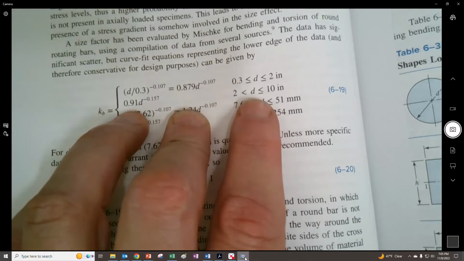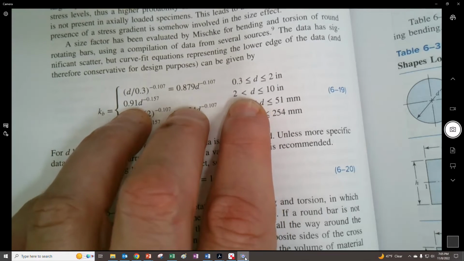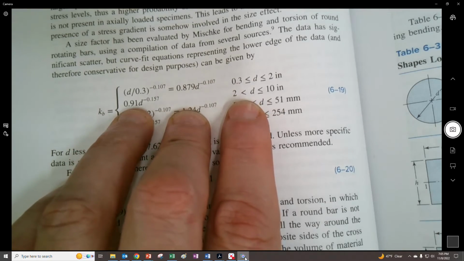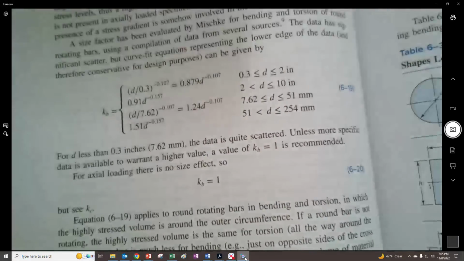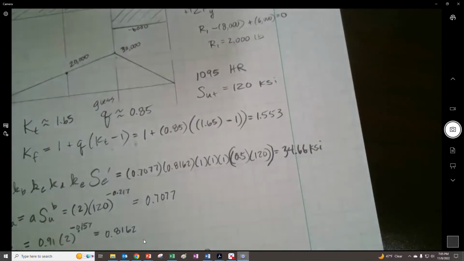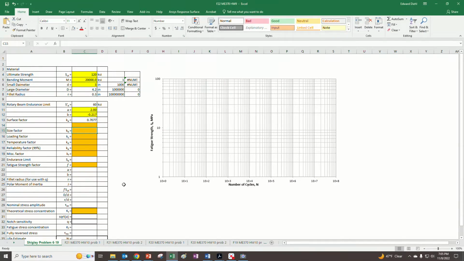But I'm going to go ahead and assume that it's going to be larger than 2 inches and use the 0.91 d raised to the negative 0.157. And you could have also made all those values an input if you wanted to.